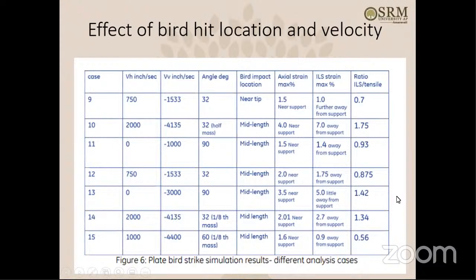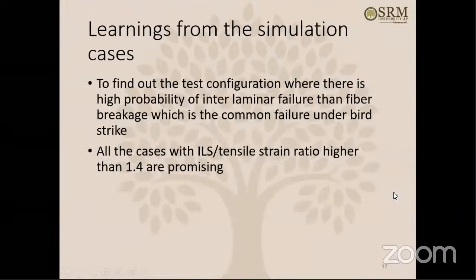So this is the analysis which was performed on the 16-ply composite plate, with the bird hitting at different velocities. What did we learn from this simulation? This is just the initial part, because the initial plan, as I told you, was to carry out all the simulations, then based on that design the specimen and do the testing on the actual specimen.